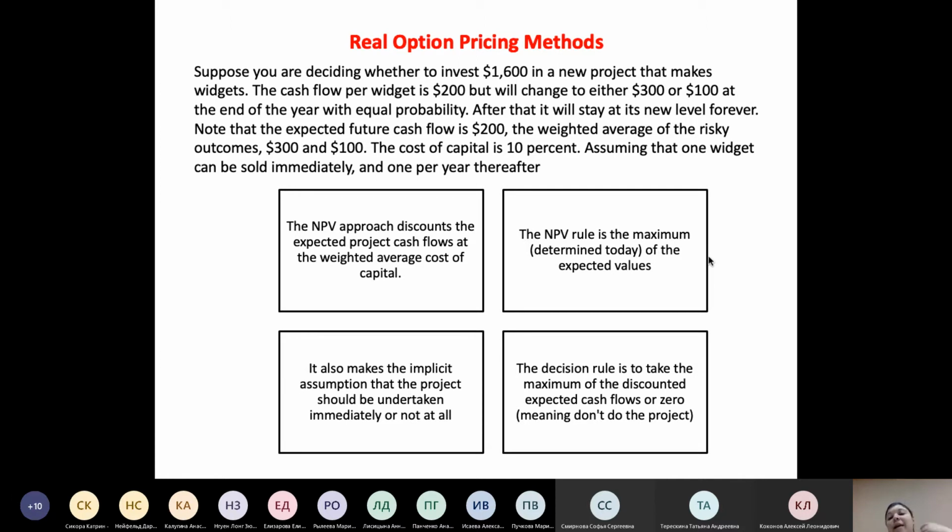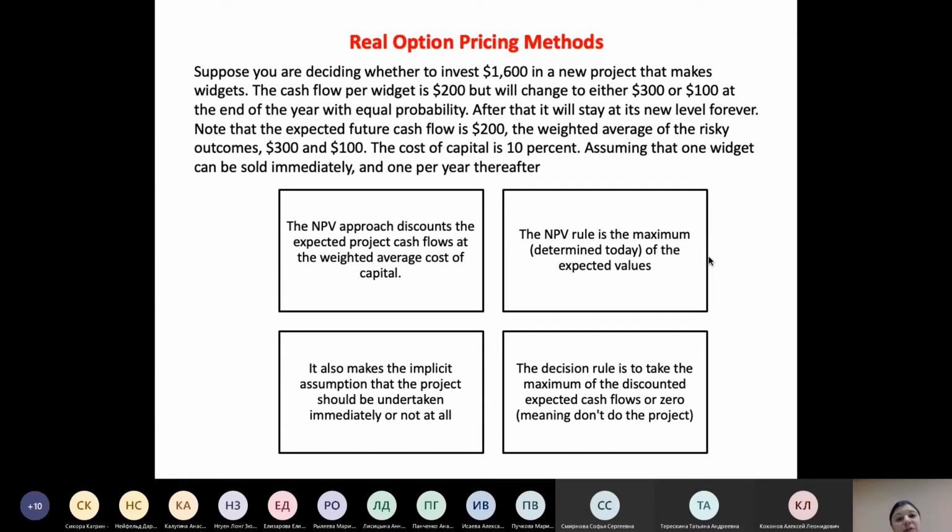But if we wait 1 year and if we invest 1,600 at the end of the first year, under the changes in our market conditions, our profit will be $300 or $100 at the end of the first year with equal probability. After that, it will stay at its new level forever.